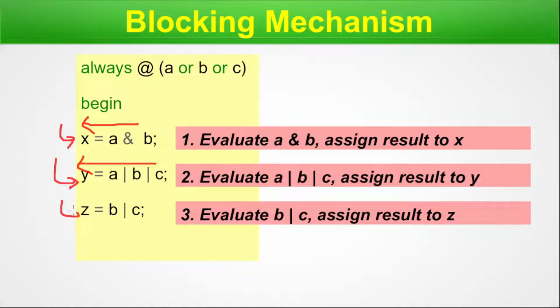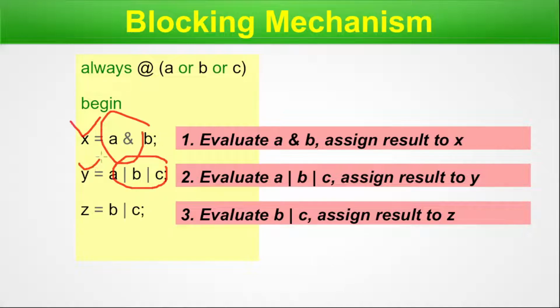Next the playhead reaches here, the assignment happens from here to here. So this way the blocking assignments, that means these equations, are hardwiring the inputs to the respective output. Here you can see there are common inputs and they are getting hardwired with the output, and we end the always block with the end keyword. So here is how the blocking mechanism works. We are done with this particular slide and let's move on to the next slide.